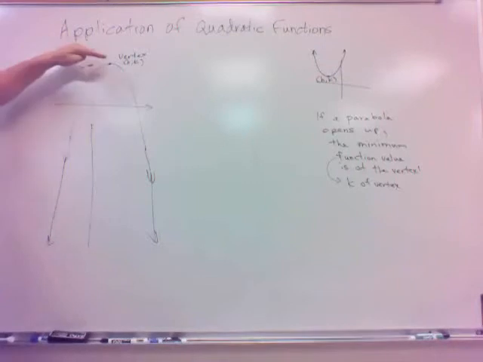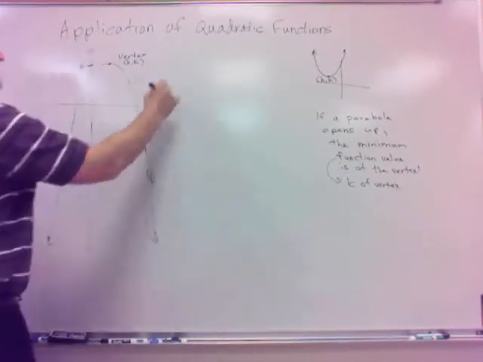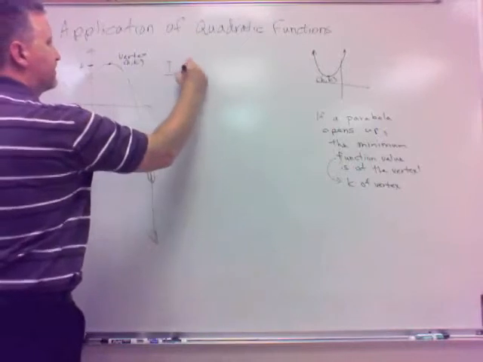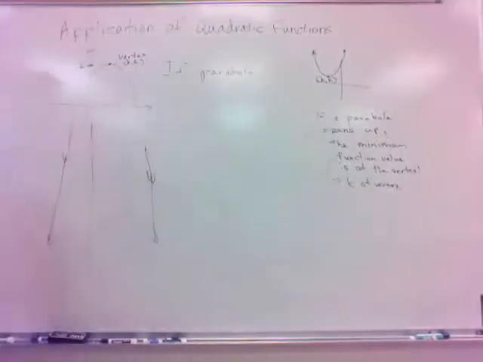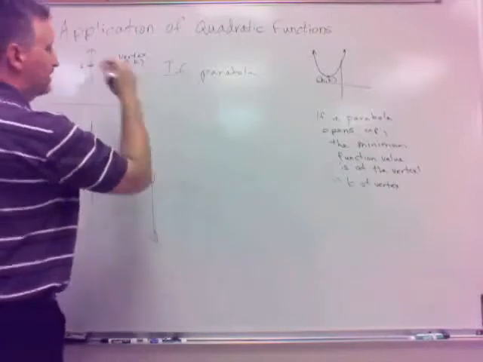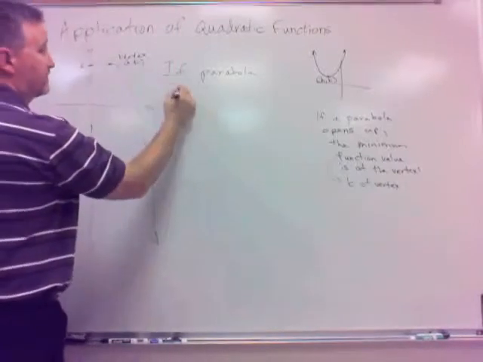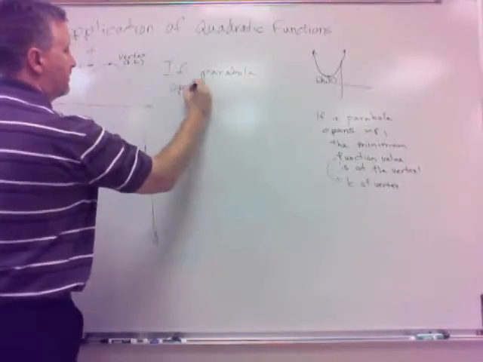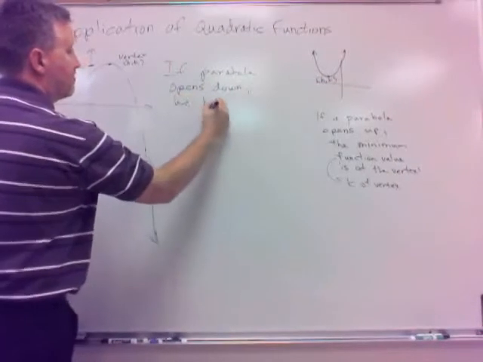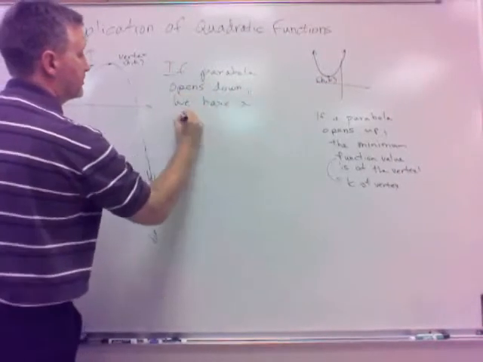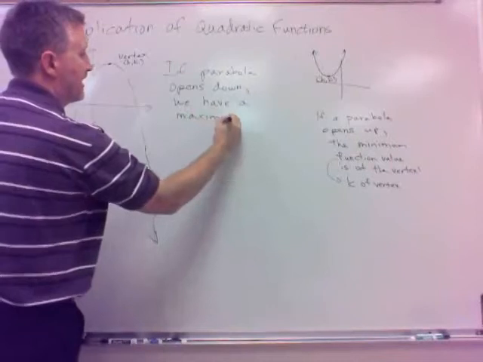Right, of the vertex. Therefore, if the parabola opens downward, it swaps out. It's not a minimum, it's a maximum at the vertex. So if a parabola opens down, we have a maximum function value at the vertex.